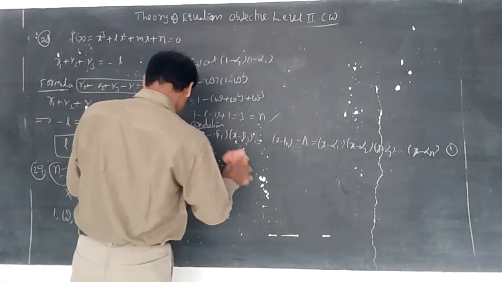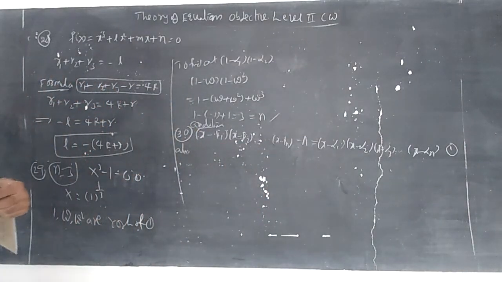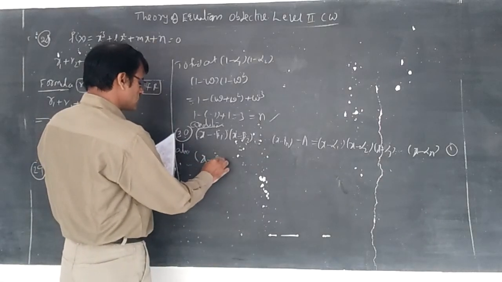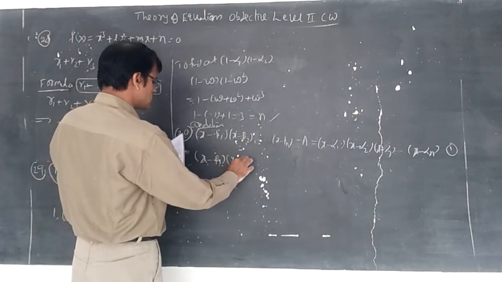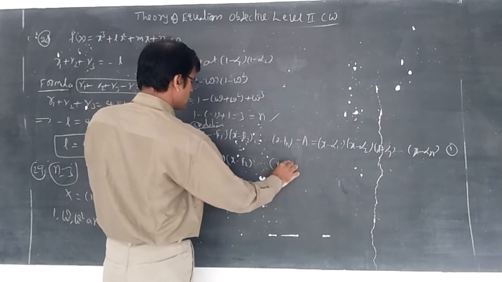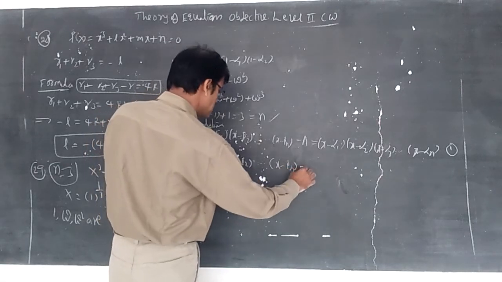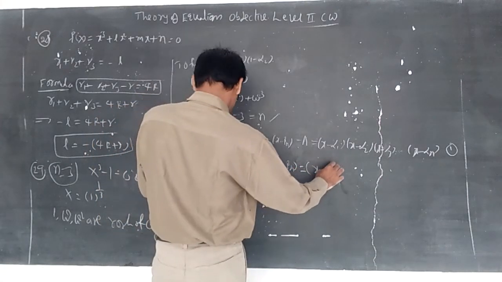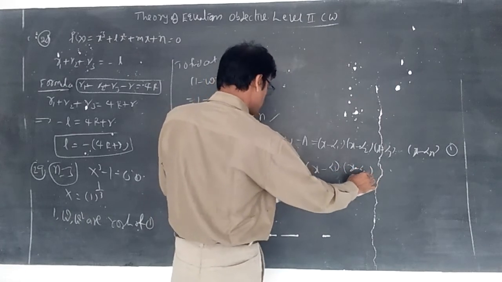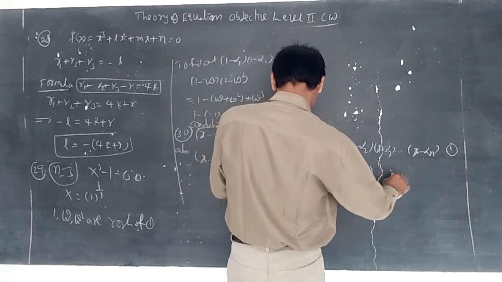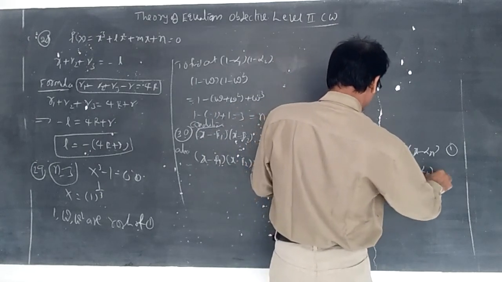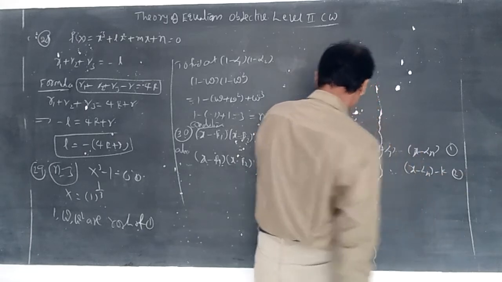For this equation, beta 1, beta 2, beta 3 are the roots: x minus beta 1 into x minus beta 2, and so on, x minus beta n is equal to, as he is discussing with us, x minus alpha 1 into x minus alpha 2, and so on, x minus alpha n minus k. This is the second equation.